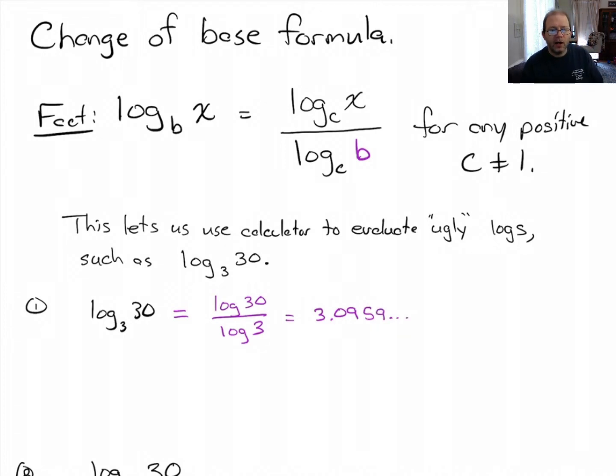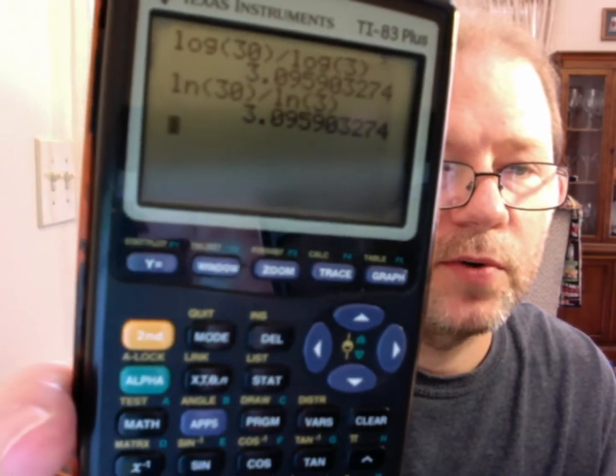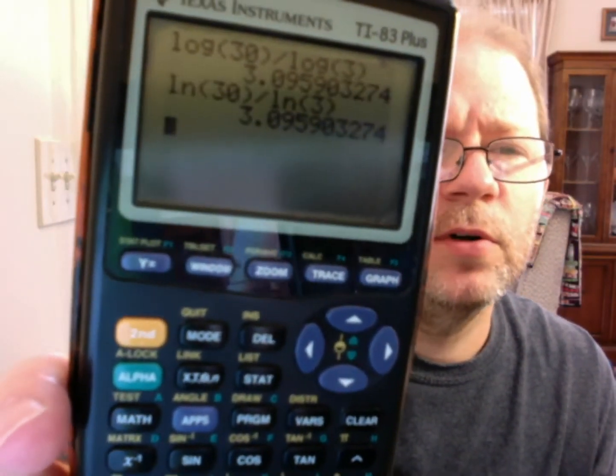Now, I did that with log, but if I did it with ln, it would work just as well. So we can do it with log or natural log, and they both give us the same number. So use whichever one you want.